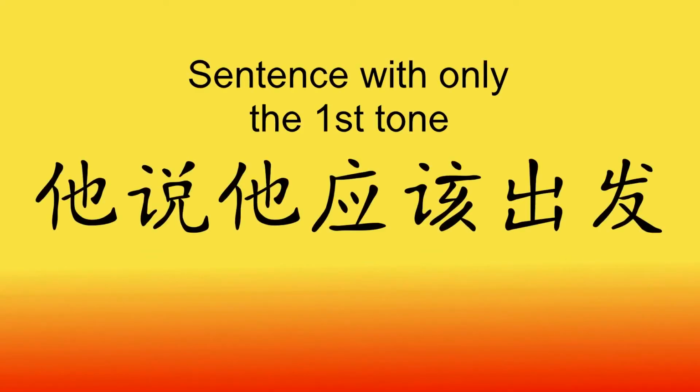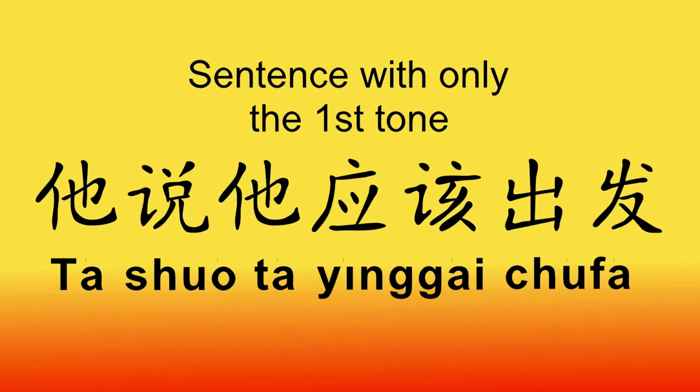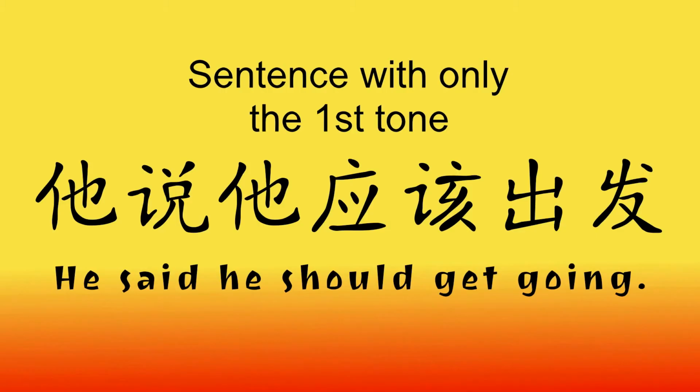And here's a sentence using only the first tone. 他说他应该出发。It means he said he should get going. Now it's your turn. Try copying the first tones as you repeat the words in the next unit.